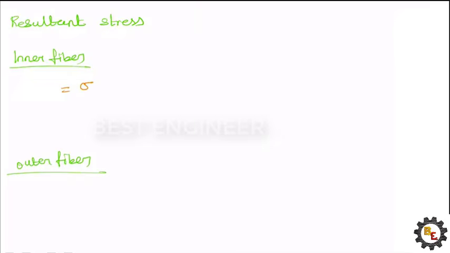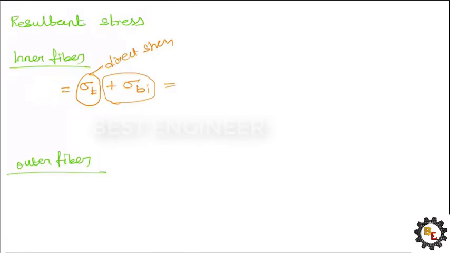Let's find the resultant stresses. Inner fiber equal sigma tensile stress plus sigma b inner fiber. This one is direct stress. In the inner fiber, tensile stress is acting, so plus symbol. In the outer fiber, direct stress minus sigma b outer. Compressive stress is acting at the outer fiber, so minus.